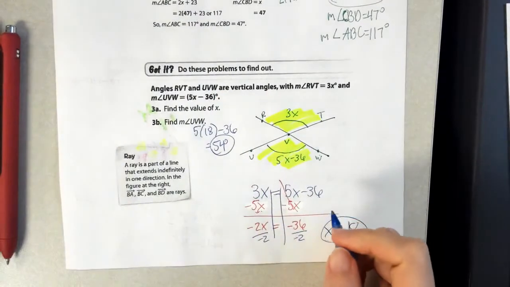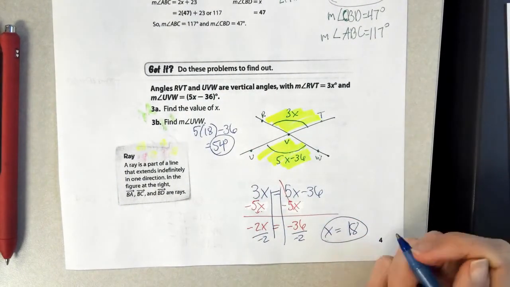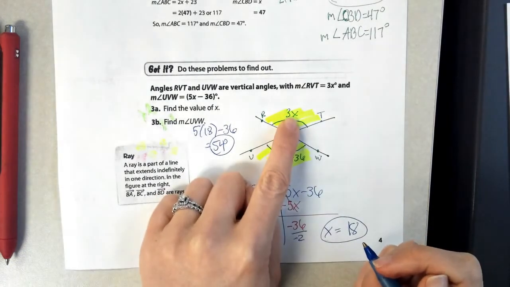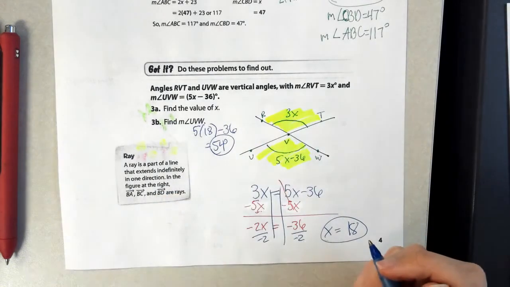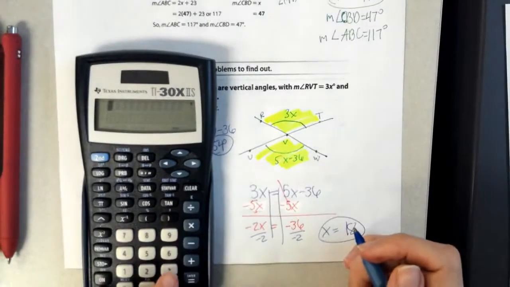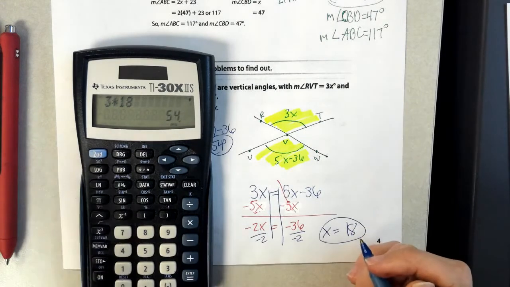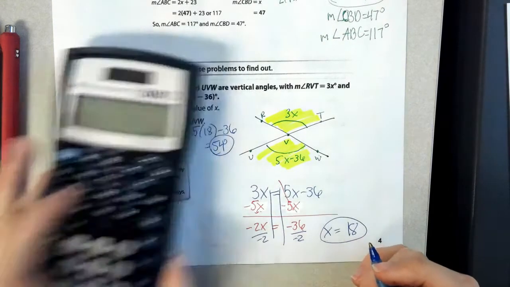So the measure of angle UVW is 54 degrees. That means this will also be 54 degrees. Okay, and you can double check that by saying 3 times 18, and it should come out to be the same thing. And luckily it does, so we know we didn't make any mistakes there.